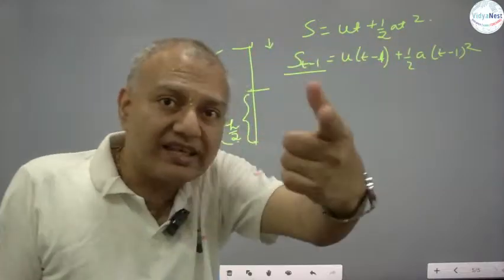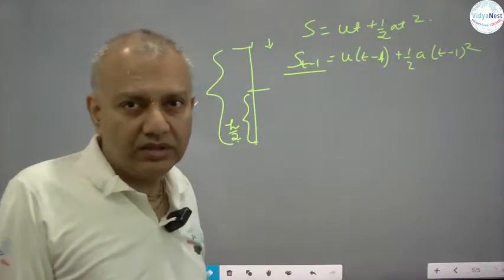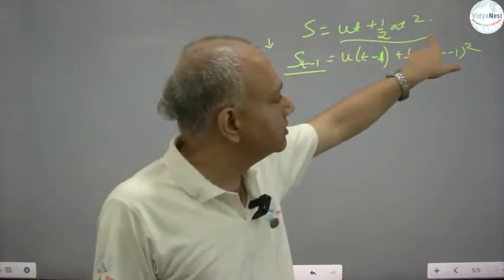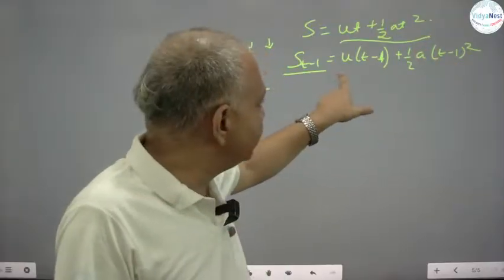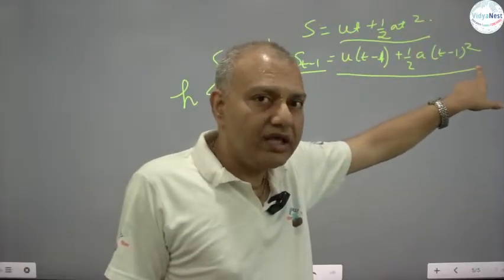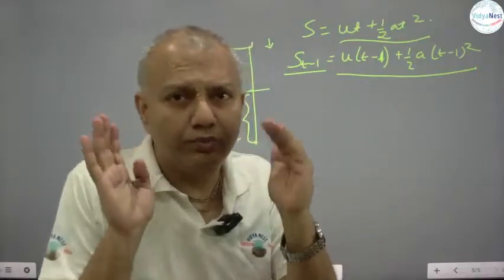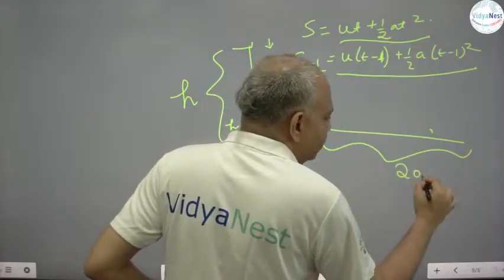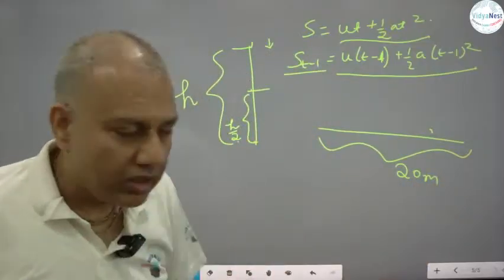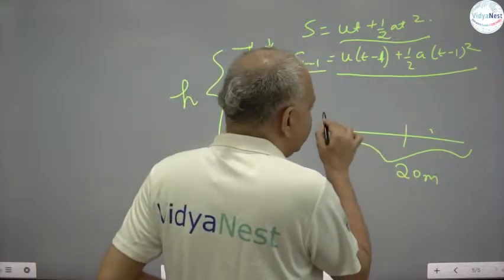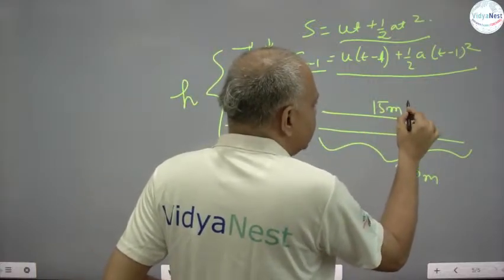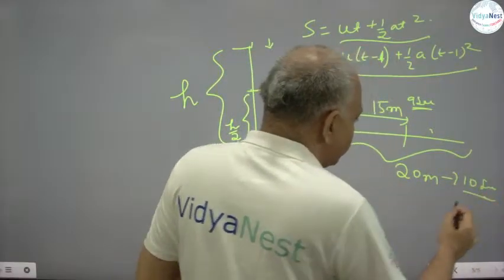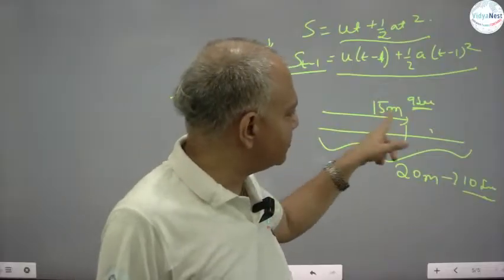So if I want to get the displacement in the last second, this length it has traveled in the total t seconds, total length traveled, and this length it has traveled in t minus 1 seconds. Simply think, for example: within 10 seconds it has traveled 20 meters, in 9 seconds it has traveled 15 meters.